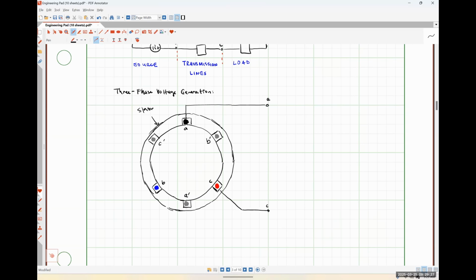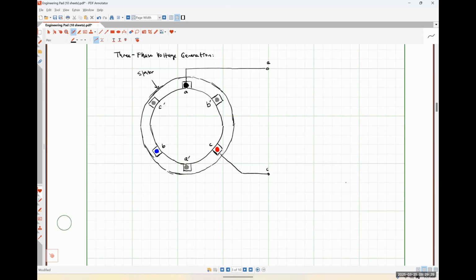So that's going to be where I access the C phase of my system. I'm going to have access to my B, like so. And then I'm also going to wire all of those return paths together.